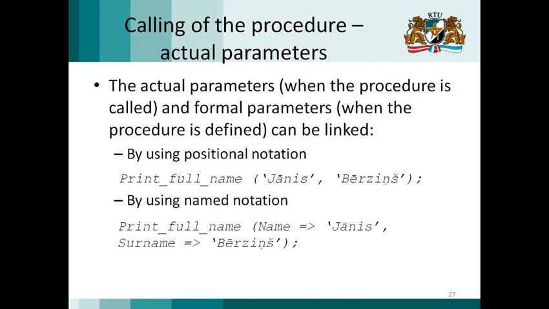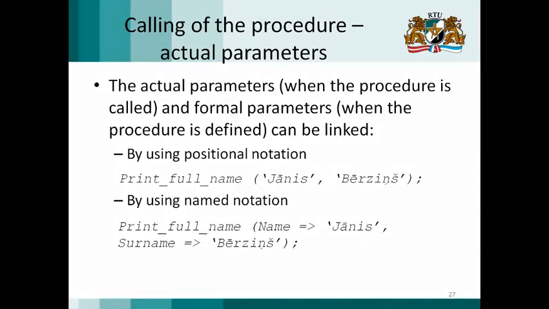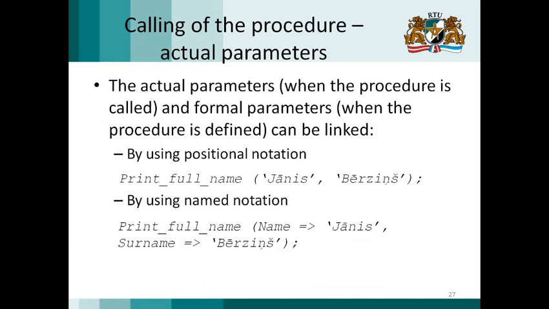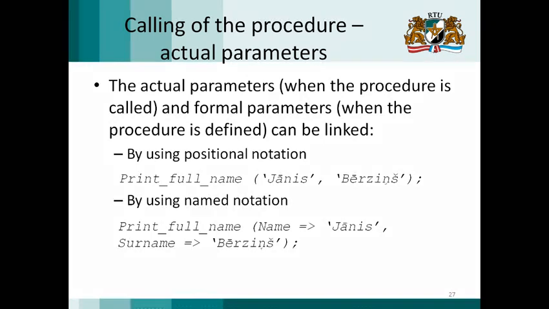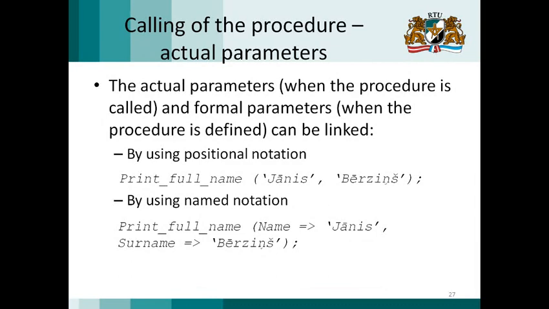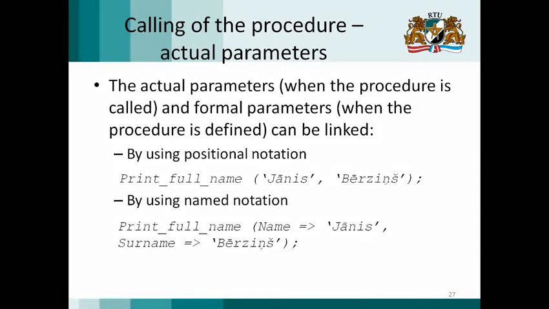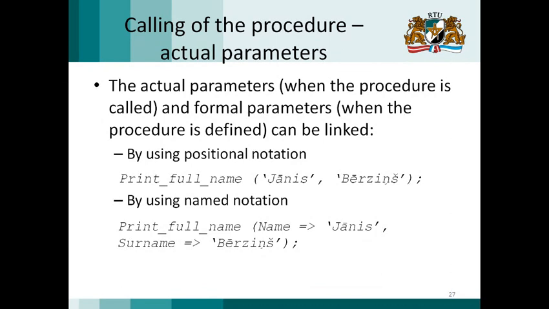The second way, we can use named notation. For example, we can write this parameter and assign this actual parameter to each of these formal parameters. And in this case, we can give these parameters to the procedure in any sequence we want.